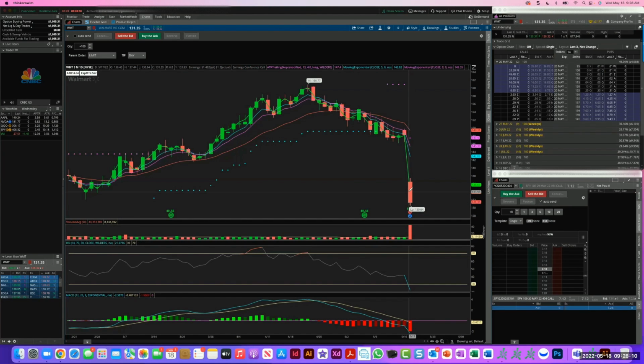A beating. I mean, it gapped down, it opened around 136.43, and it just sold off from there. All the analysts thought that the Walmart situation was a one-off, but of course, Target indicates that's not true.